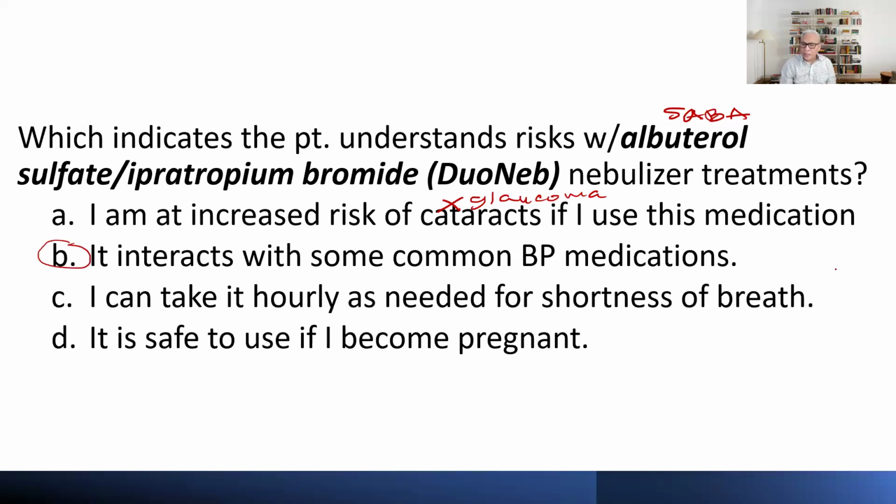Letter C, I can take this hourly as needed for shortness of breath. Remember that this combination is actually long-acting medications, and therefore they're not given as rescue medications. They usually are administered 4 times a day.